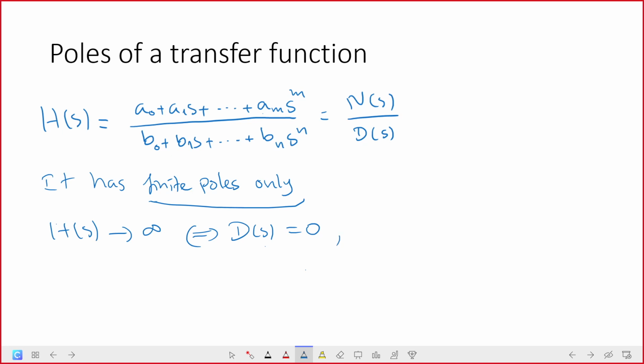Then s equals minus p1, s equals minus p2, ..., s equals minus pn.